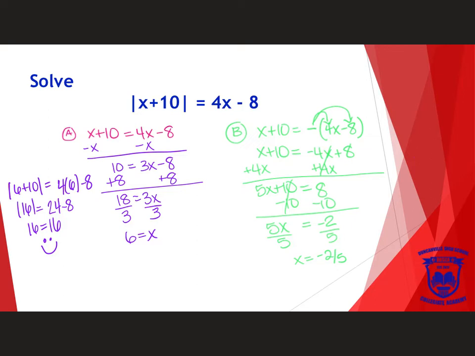So now let's check the other one. And it says we got negative 2 over 5. I hope I have enough room. I'm going to do it down here at the bottom, or over here. So negative 2 over 5 plus 10 is equal to negative. That's not going to give me enough room.